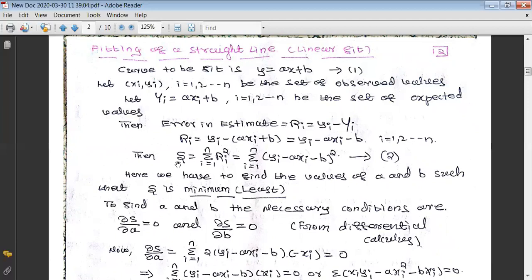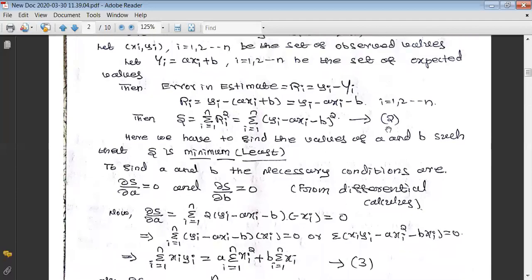Then the sum of the squares of the errors, S, is given by summation Ri square, i varies from 1 to n, and substituting the value of Ri, we get capital S equal to summation i varies from 1 to n of (yi minus axi minus b) whole square. That is denoted as equation 2.